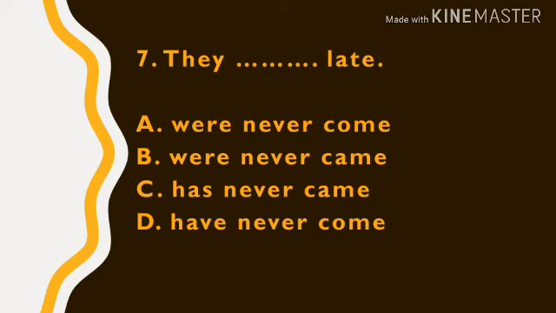What's the answer? A, were never come. B, were never came. C, has never came. D, have never come. Well, the answer for number 7 is D, have never come.